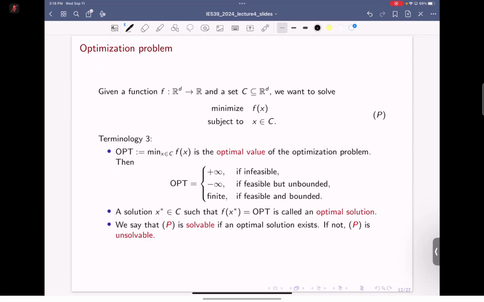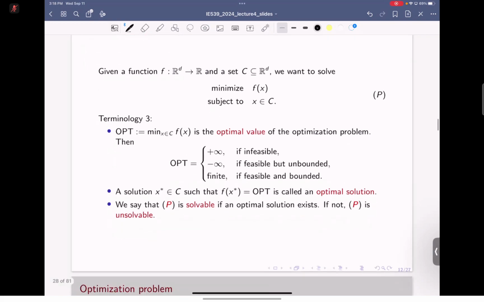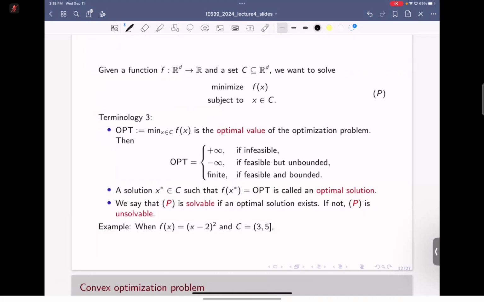And you might ask, why do we even care about these things? Well, let's look at this example. And let me give you 1 minute to decide whether the problem is solvable or not.